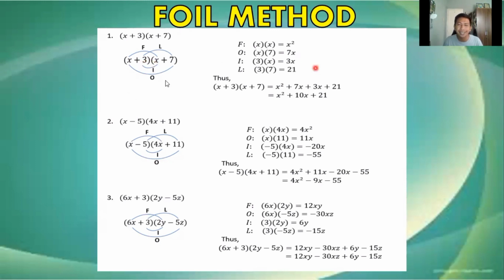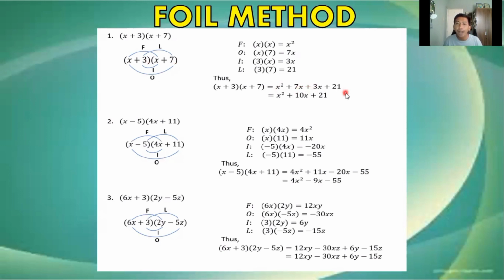And then, the last terms of the two binomials. The last term of the first binomial is 3, while the last term of the second binomial is equal to 7. And then, we have to get the product. So, 3 times 7 is equal to 21. And then, after that one, you just have to list all the products na nakuha nyo following now the FOIL method. So we have x squared plus 7x plus 3x plus 21.